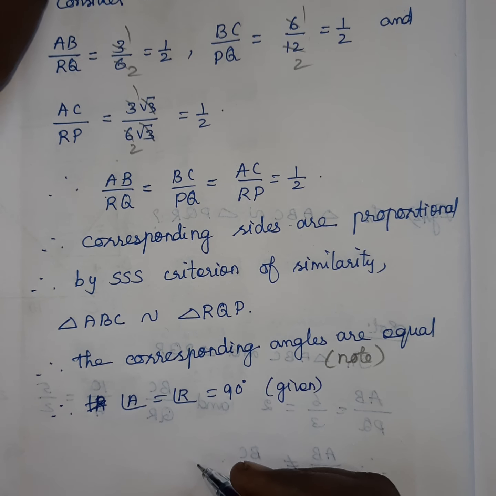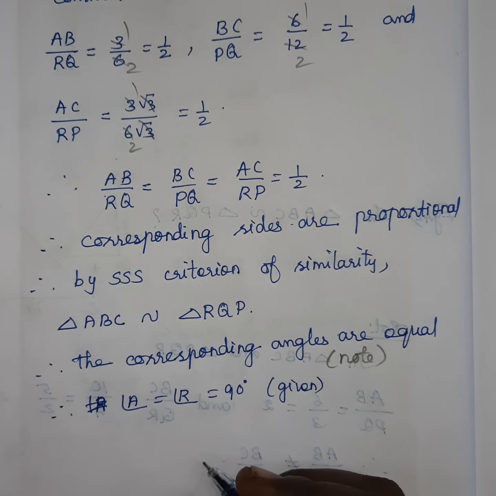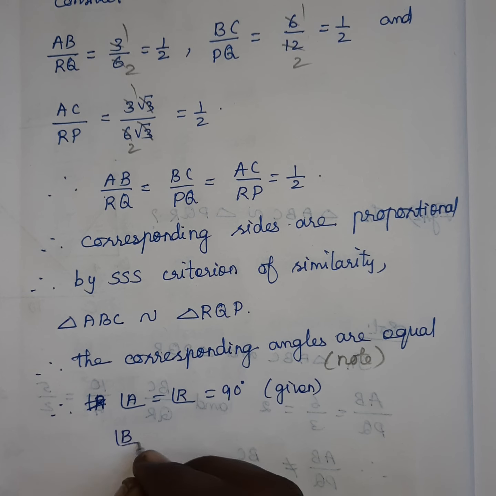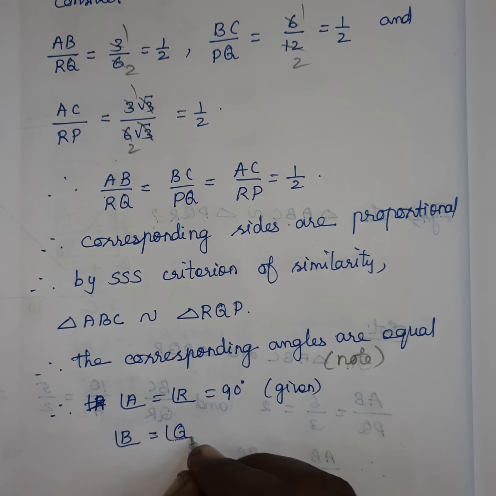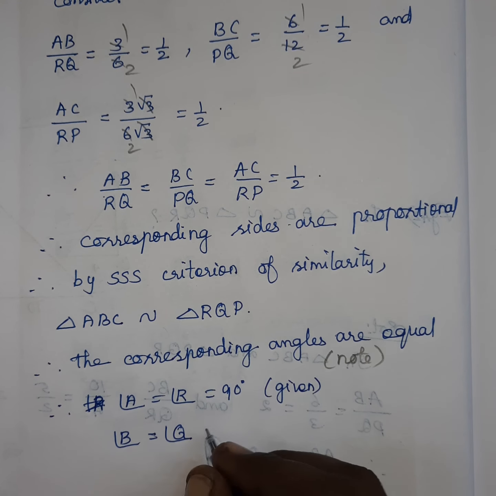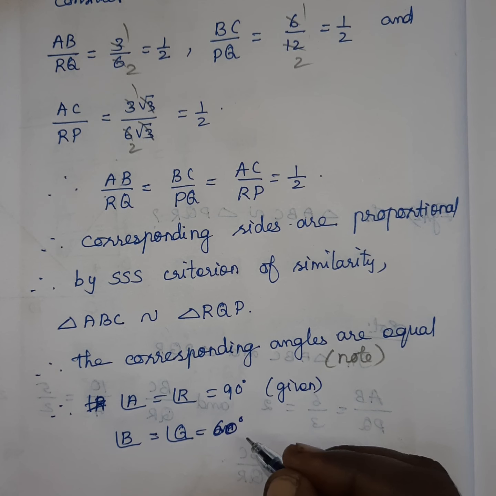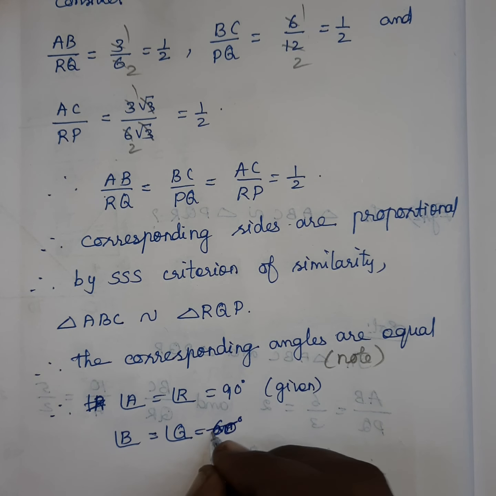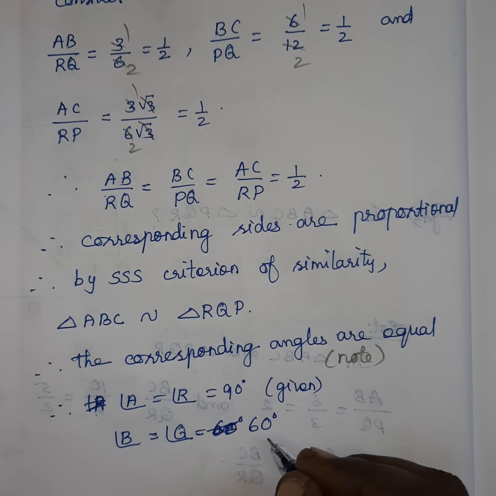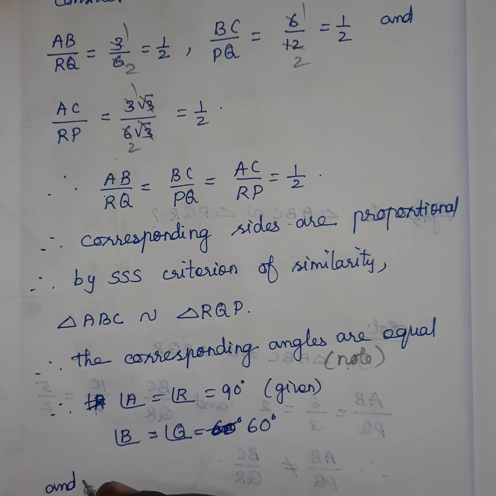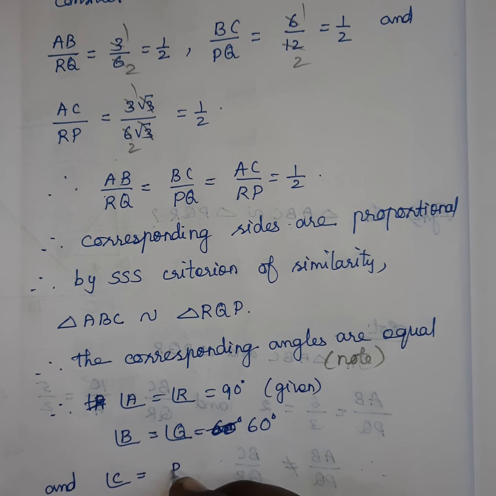Next, B and Q: angle B is equal to angle Q, and that is equal to 60 degree. Okay, B angle is 60 degree, so Q angle is also equal to 60 degree. And we need the P angle, and angle C is equal to angle P.